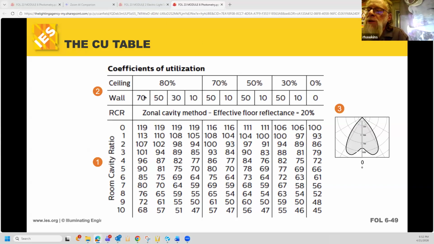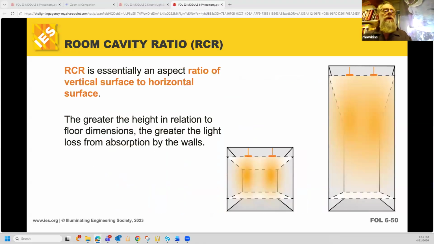Notice the walls at 70% have a higher number than the walls at 10%, but not when it's super flat. Walls don't matter when it's super flat, but you get down to where walls do matter when you're into more of a silo. Notice you lose like, I don't know, a third of your light to the walls because the walls are more important in that silo than they are in your warehouse. So these charts give you an idea then of how the fixture is employed.